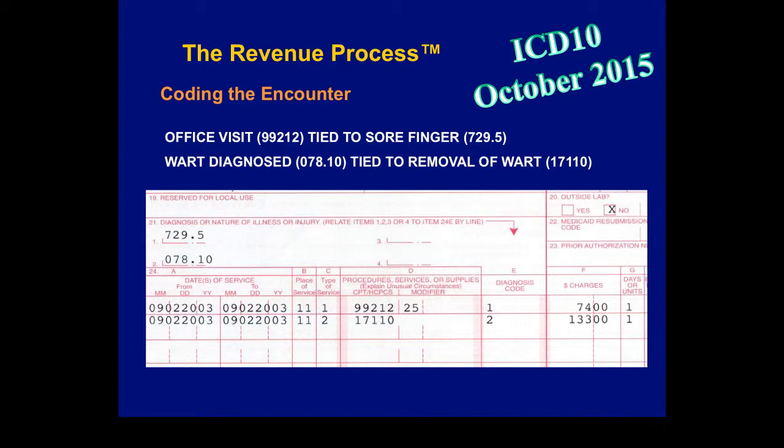So I, as a health plan, am going to say, since you weren't specific in your coding, one-to-one mapping I call it, I'm going to say that the office visit was for a wart, and you removed a wart for a wart. So really the patient walked in with a wart, you burned it off, doesn't justify the office visit. So we're going to zero out the office visit charge. I'm only going to pay for the removal of the wart.